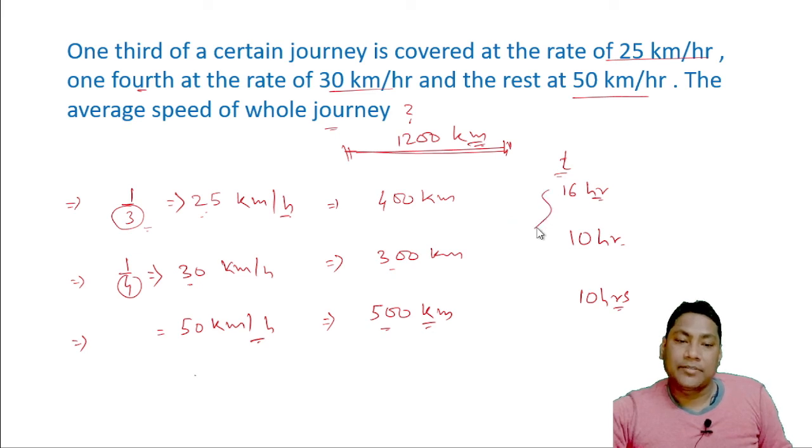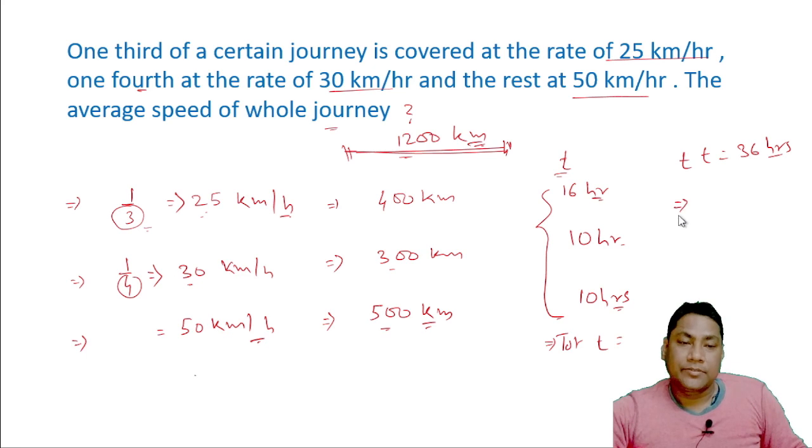Now we have calculated the total time: 16 plus 10 is 26, plus 10 is 36. Total time is 36 hours, and the total distance is 1200.